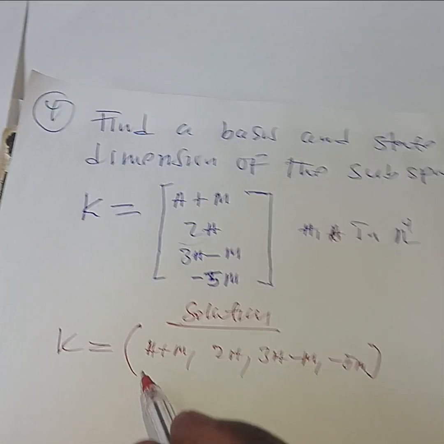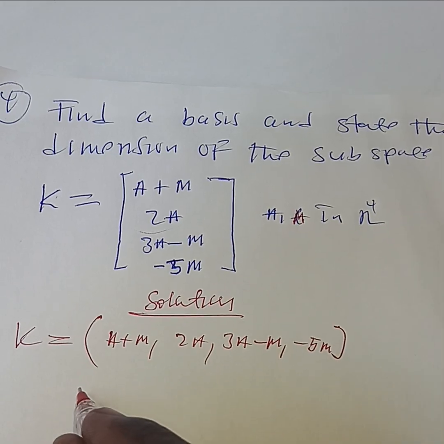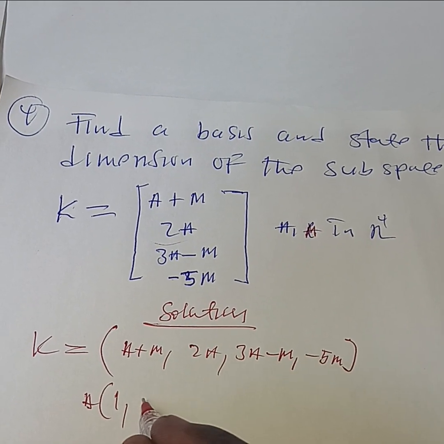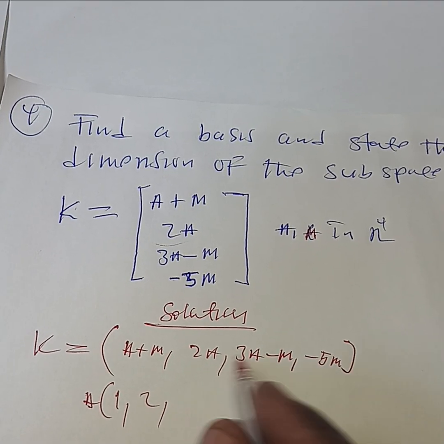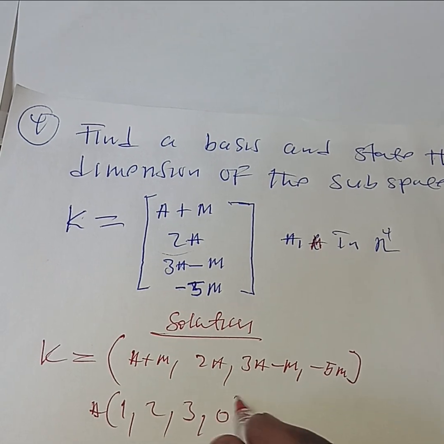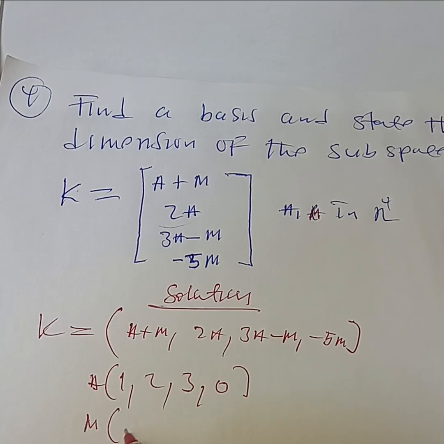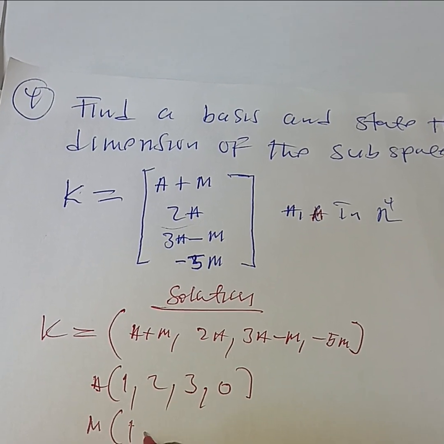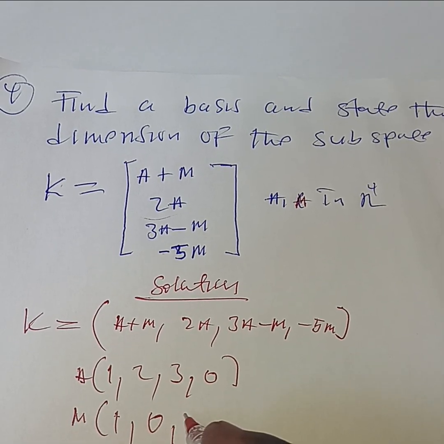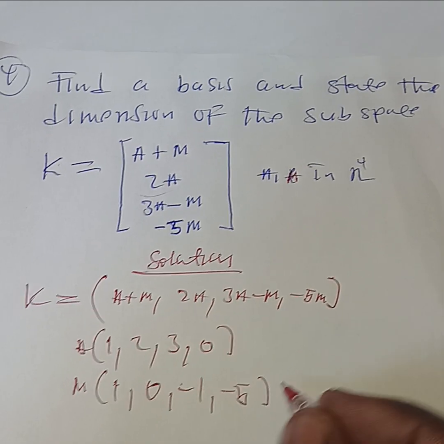As usual, we factorize A: we have 1, 2, 3, 0. Then we factorize M: we have 1, 0, negative 1, negative 5.